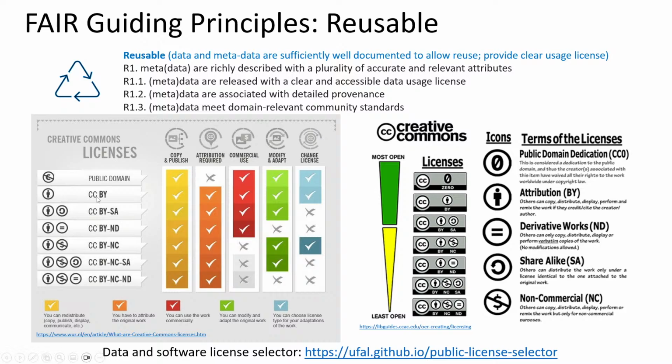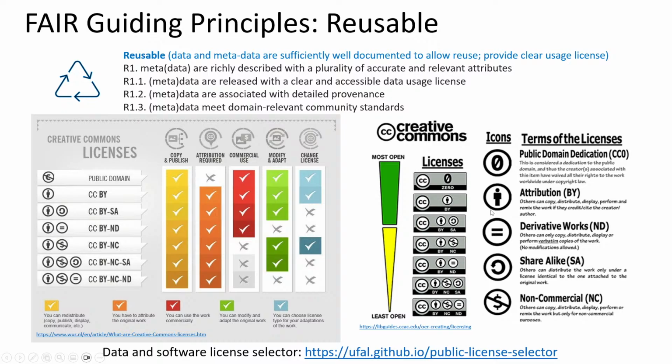You can find CC, Creative Commons. This will be CC0. The most common one is Creative Commons BY, so basically attribution: you just need to provide credit. You use my data, use my code, but you acknowledge that this code was produced by so and so. Then you can have BY-SA, where SA means share alike.